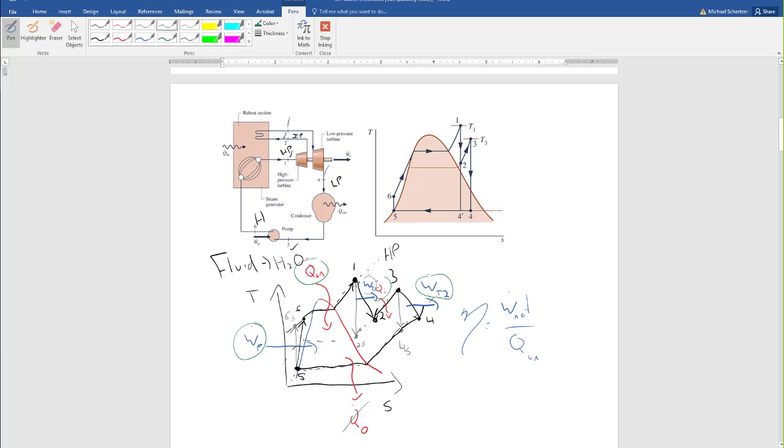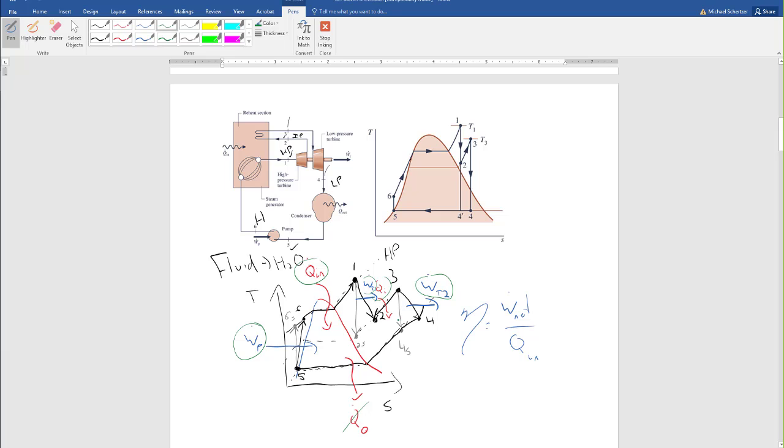So for turbines, we're going down and to the right, or if it's an ideal turbine, straight down. Pumps, we're going up and to the right if they're real, or just straight up if they're ideal. And if it's a heat transfer process, we're staying on the same constant pressure line, but if we're adding heat, then we're moving left to right.